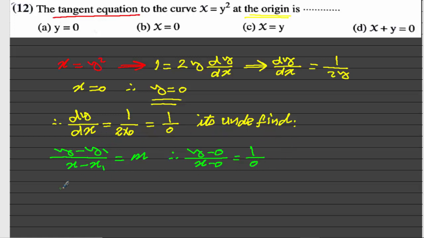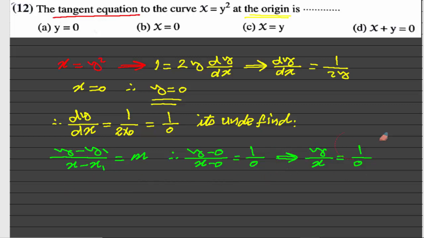Cross multiplication, what do you get? Here first we'll simplify the left hand side. It will be y/x = 1/0.